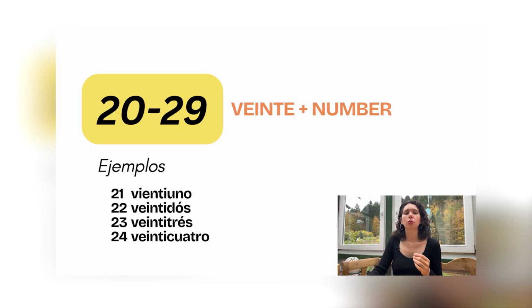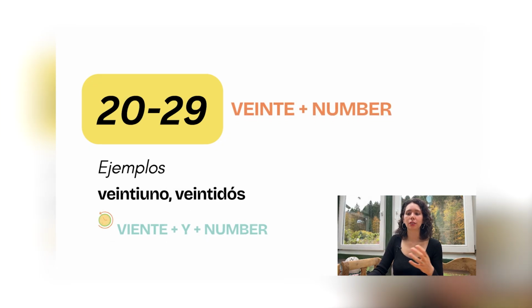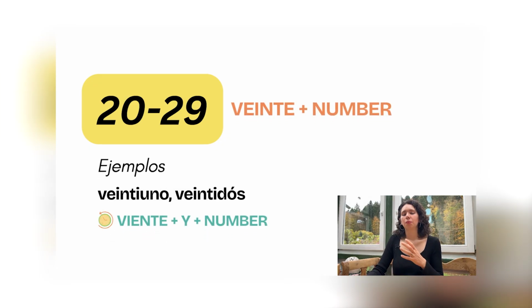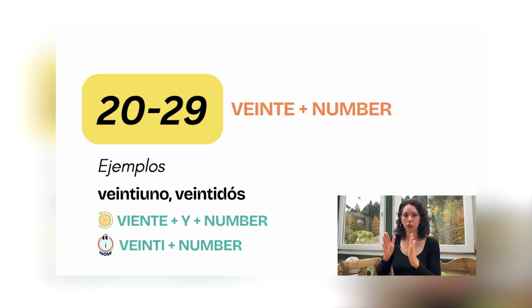With the 20s, we have the same pattern. Before, it was veinte y the number, and then the words pushed together. And now you have to say it like this: veinti plus the number.